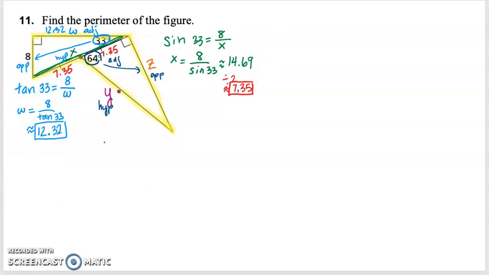So then we're looking for Y here, so you'd have to ask yourself, which thing uses adjacent and hypotenuse? And the answer would be cosine uses adjacent and hypotenuse. So the cosine of 64, so remember, of the angle, don't just write cosine equals, that would be very wrong. So cosine of 64 is equal to 7.35 divided by Y. And then we pull our switcheroo here, so Y is going to be 7.35 divided by cosine of 64.